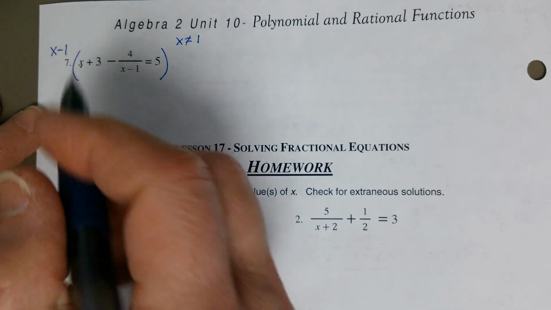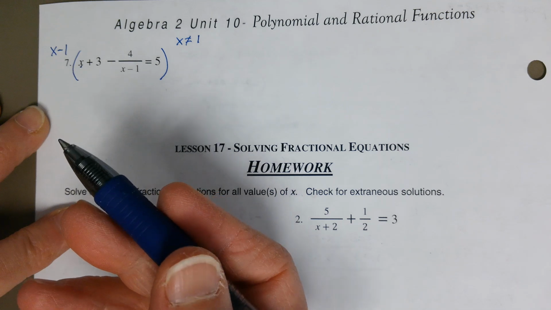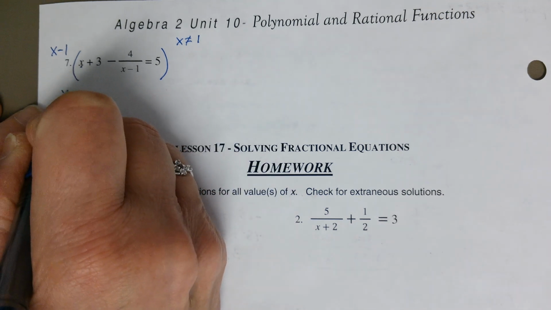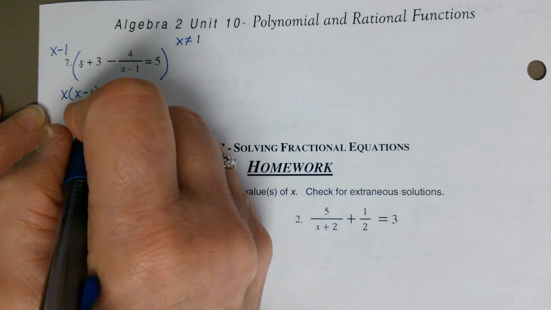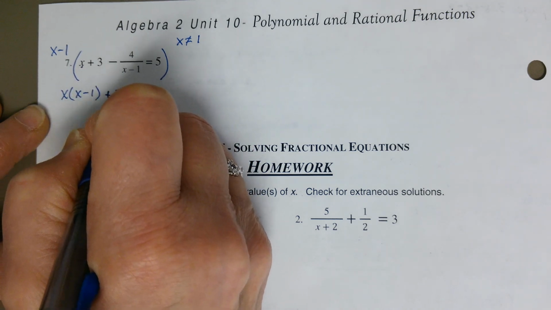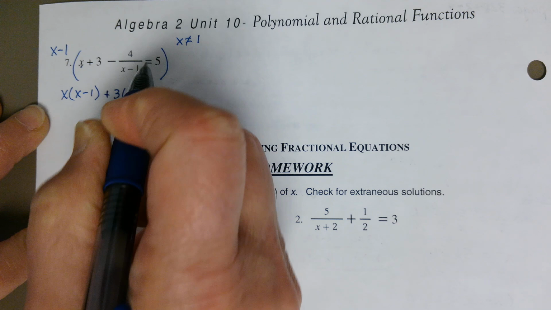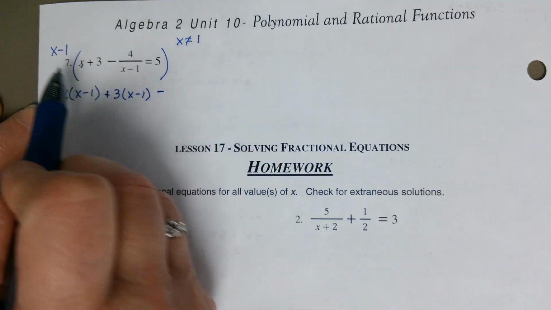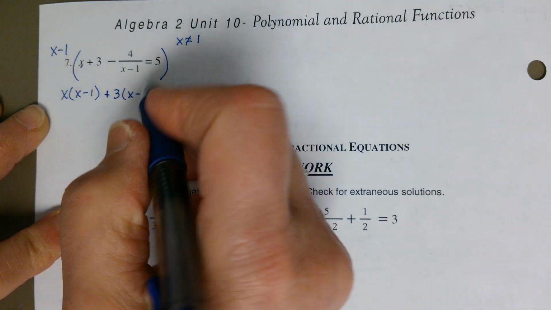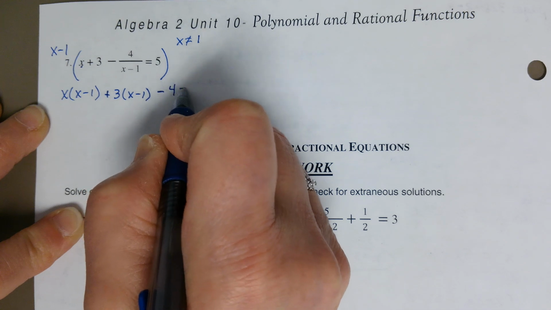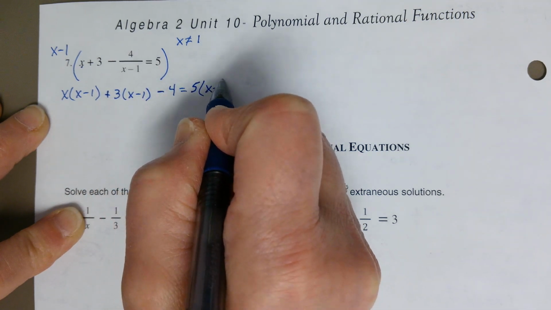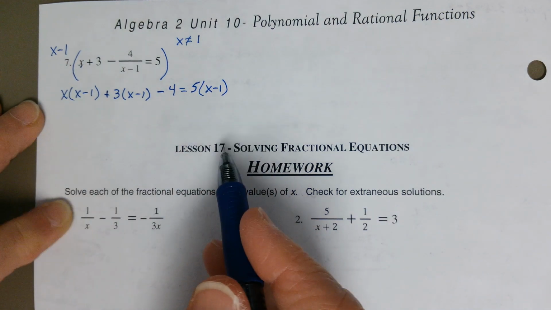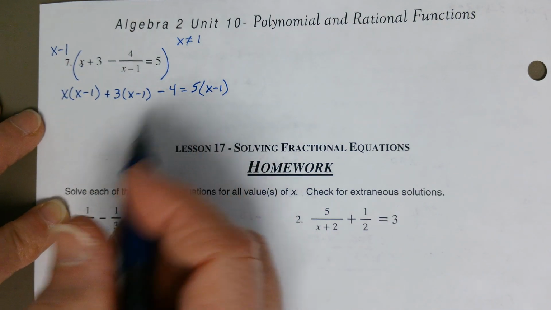X times x minus 1, 3 times x minus 1, minus the x minus 1 divide out, we're just left with the minus 4. And on the other side we have 5 times x minus 1. Distribute and combine like terms.